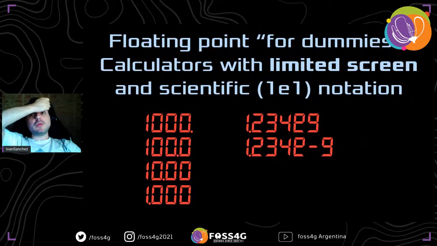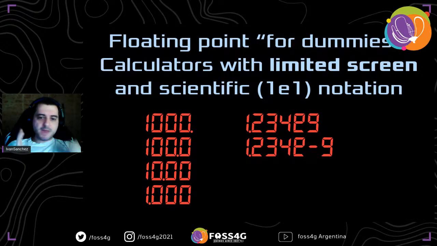So please think that every number you put into a computer is a number that has to be shown on the LCD screen of an old calculator with a limited amount of digits. If the number becomes too big or too small, you will start adding scientific notation at the end, like this means times 10 to the 9th power, for example.